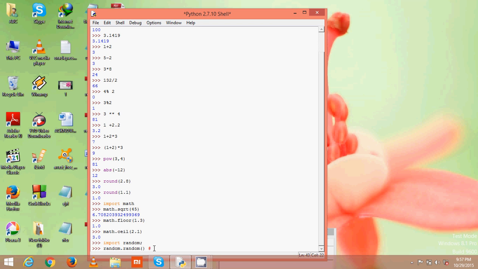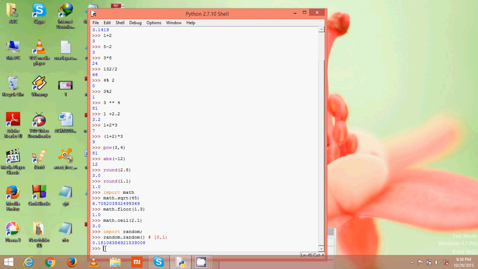Please note the number that is generated can be equal to 0 but not equal to 1. That is the square bracket for 0 but a round bracket for 1. So you can see a random floating number between 0 and 1 is generated.